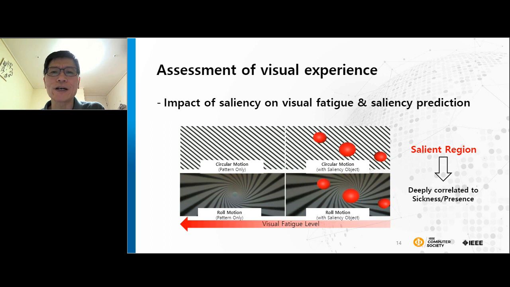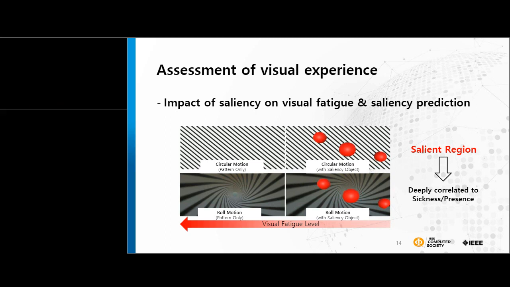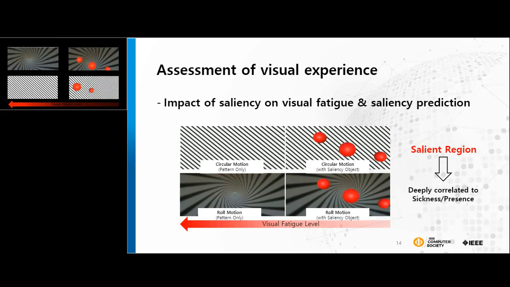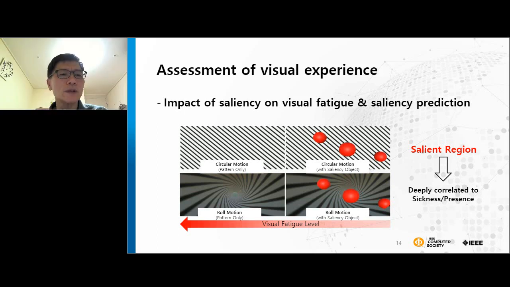So this is the demo. Okay, so you can see left-hand side there is no salient object, but right-hand side we have our objects. So the human eye may focus on this object more, so the human eye feels less visual discomfort. Okay.